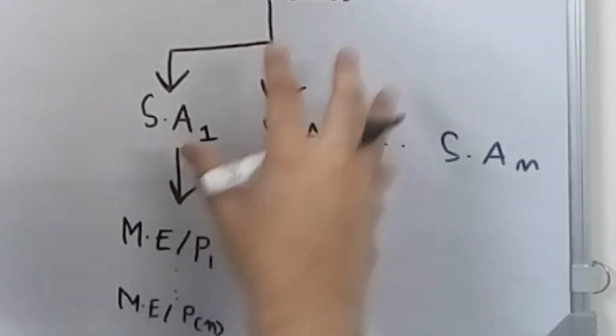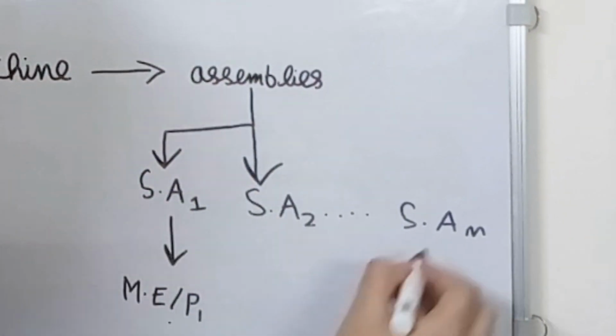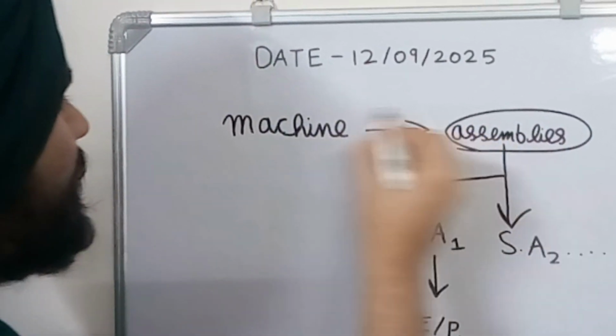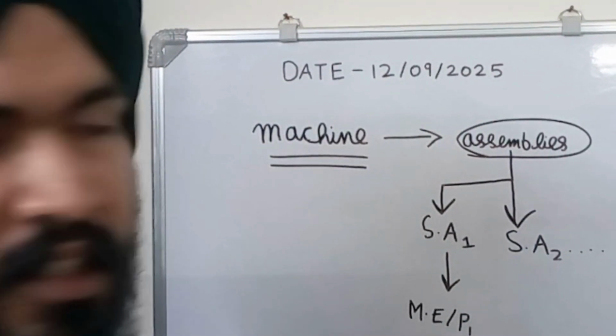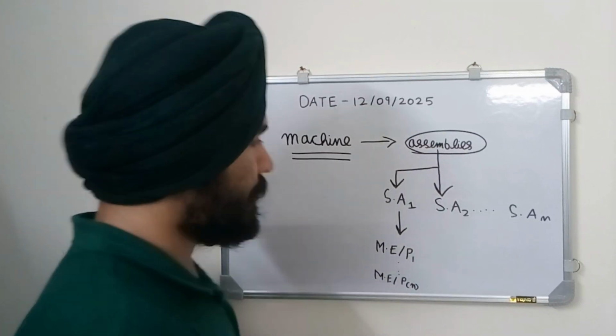Because these finite sets of machine elements, when combined into the various sub-assemblies, would give us a super assembly, and that in turn is a machine, and that performs the task which we were supposed to get out of it, right?